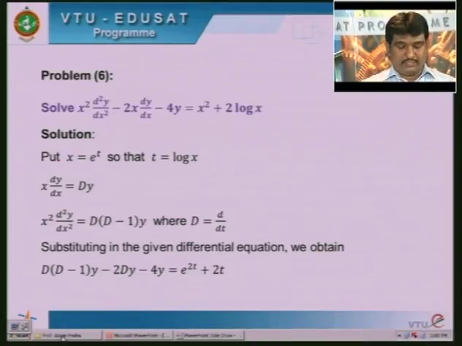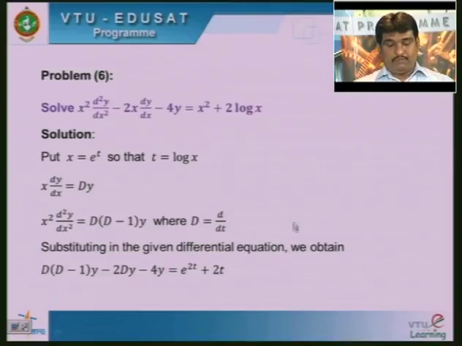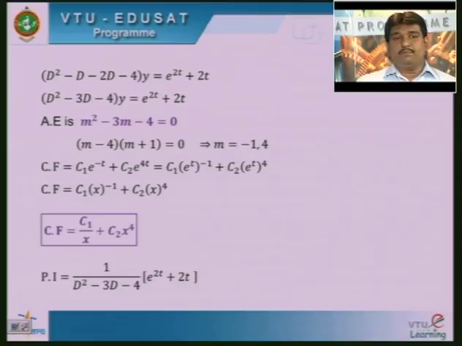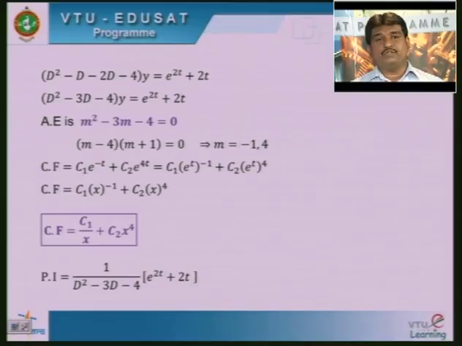Now simplify the LHS, we get D square minus D minus 2D minus 4 operated on y equals e to the power of 2t plus 2t. So the resultant is a linear differential equation with constant coefficients.